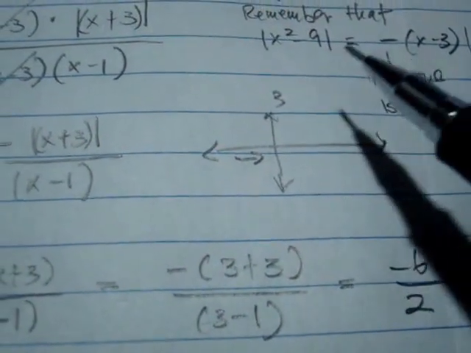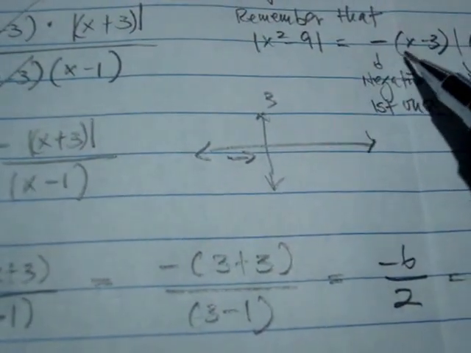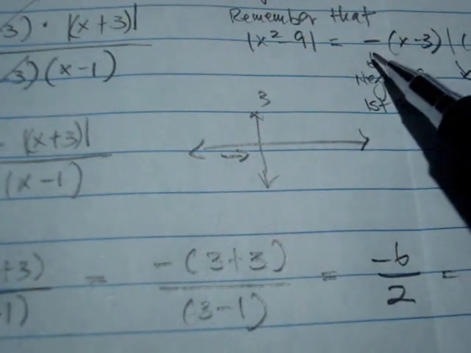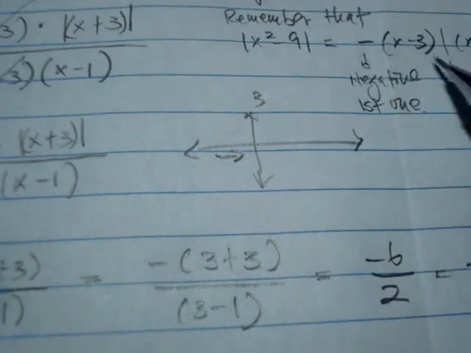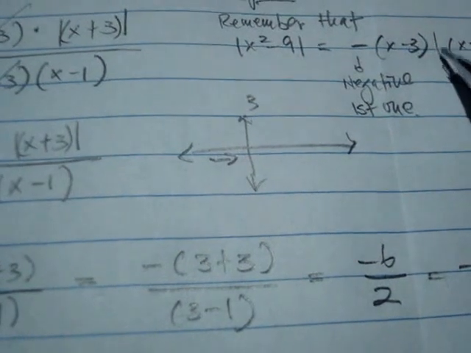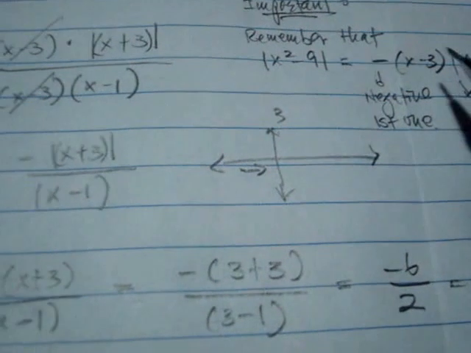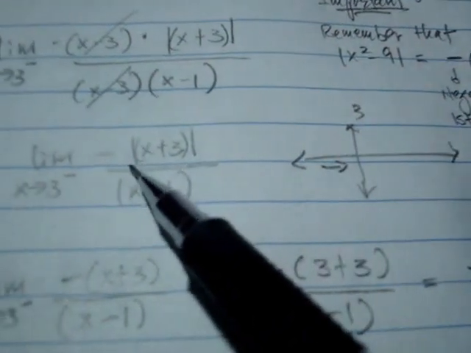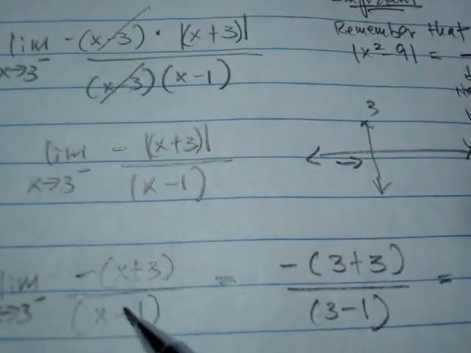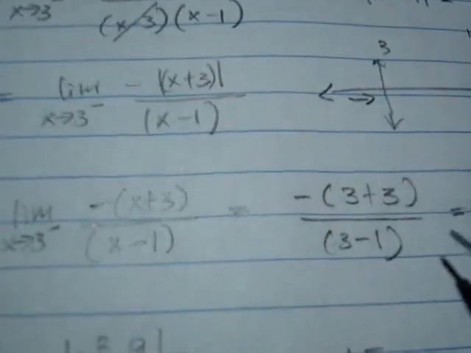It's very important that you put the negative, the absolute value bar and the parentheses, because you notice that right here it will be easier to solve algebraically.